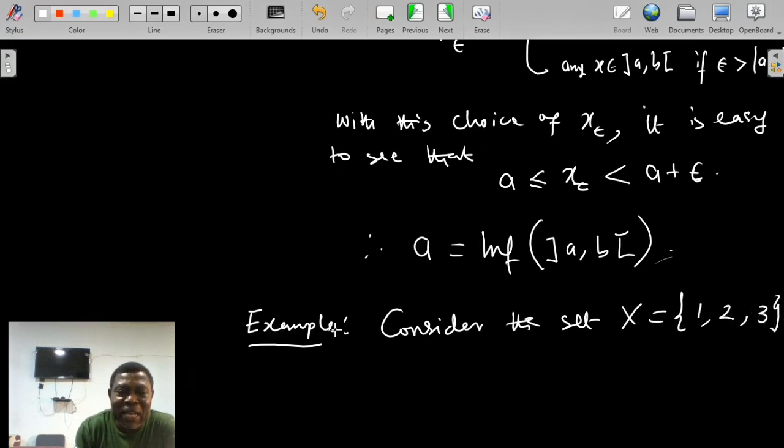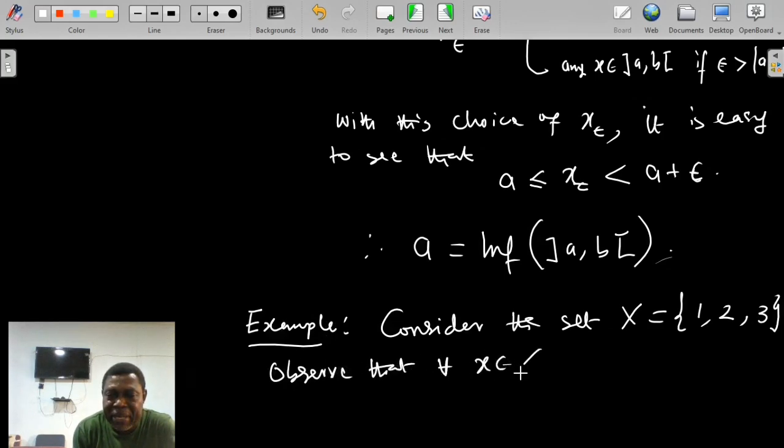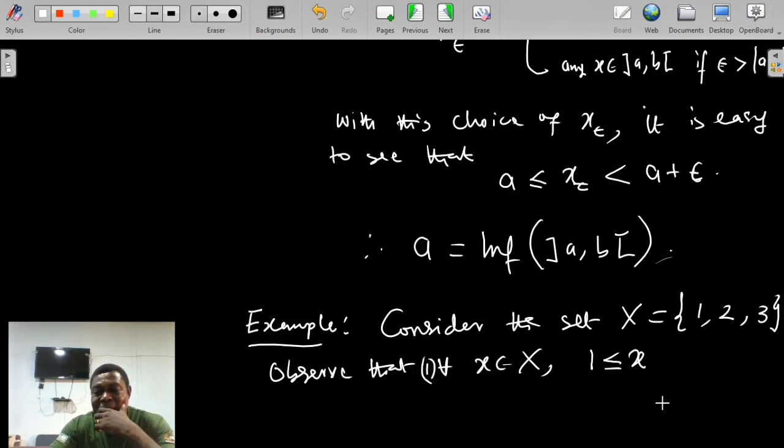I want us to observe that for any x I pick in X, 1 is less than or equal to x, meaning that 1 is a lower bound. I think, yes, 1 is a lower bound. I think I've given something that resembles this before.